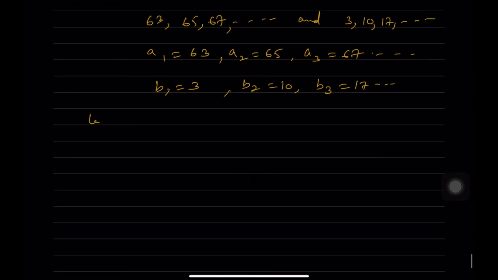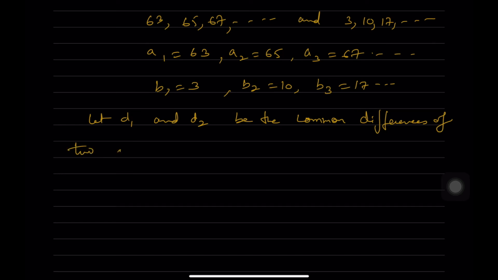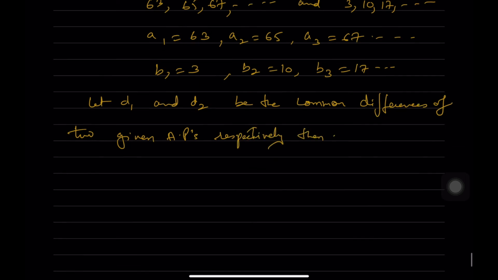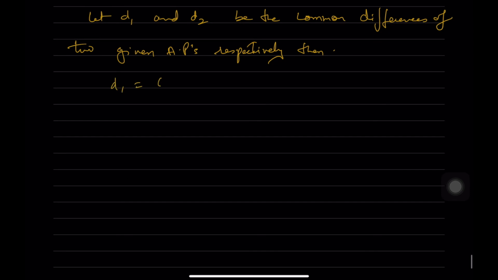So therefore let D1 and D2 be the common differences of the two given APs respectively. Then D1 is equal to 65 minus 63, which is equal to 67 minus 65, which is equal to 2.